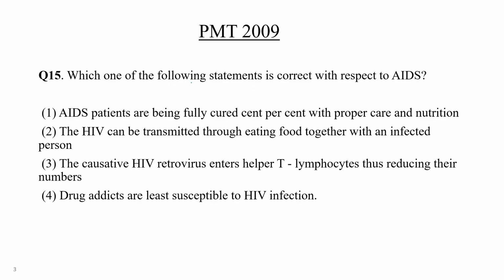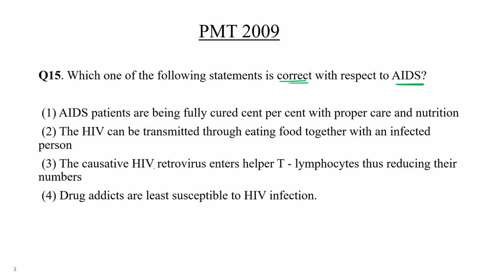Next, which one of the following statements is correct with respect to AIDS? AIDS patients are being fully cured 100% with proper care and nutrition. Is this correct? Second, the HIV can be transmitted through eating food together with the infected person. Is this the right statement?